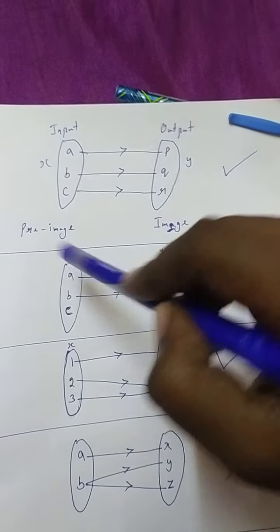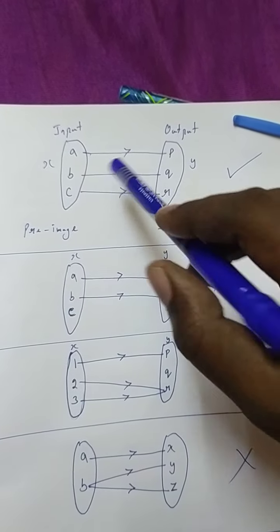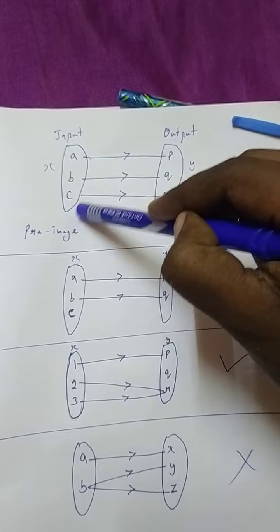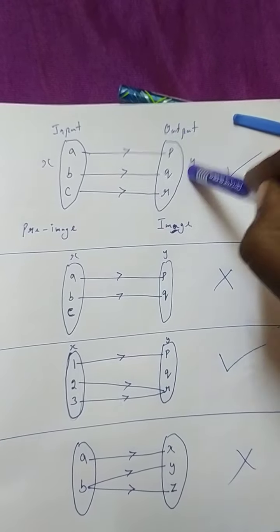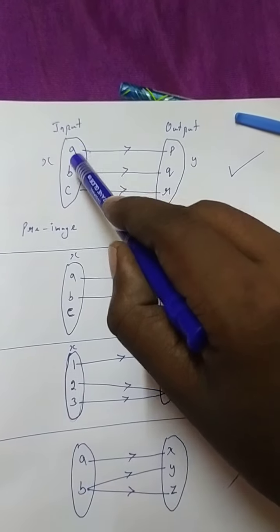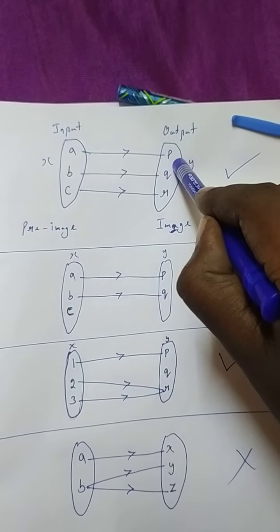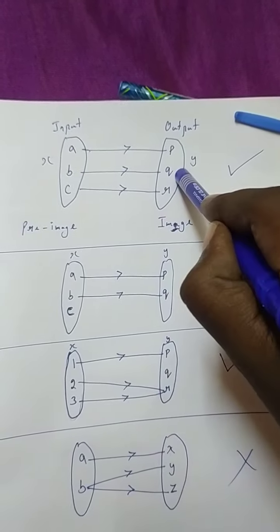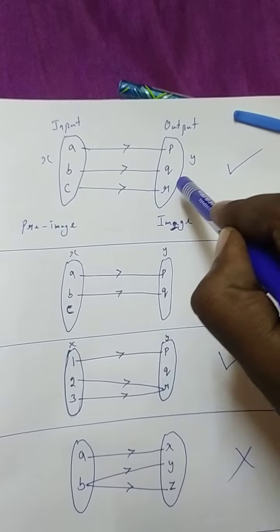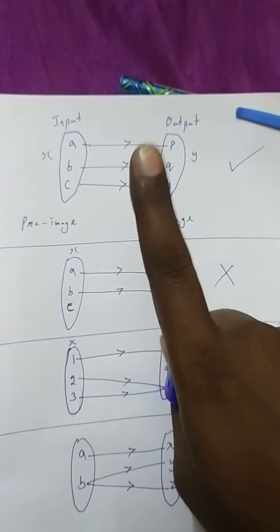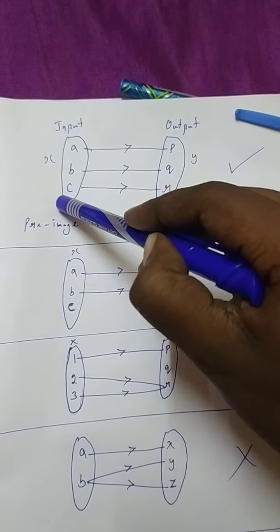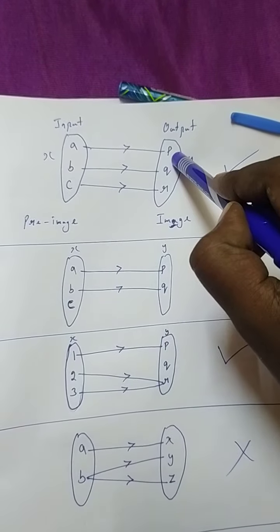Now the condition for a function is that all the elements in the domain must have an image. If you check, A has one image, B also has an image, and C also has an image. So the first condition is over. There are two conditions. The first condition is all the elements in the domain must have an image.